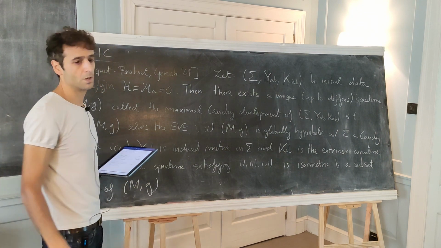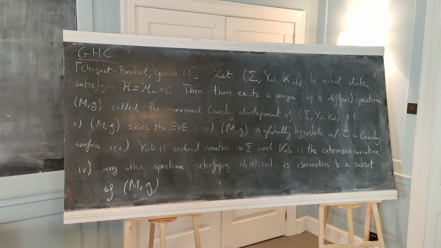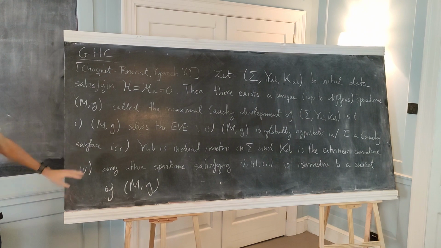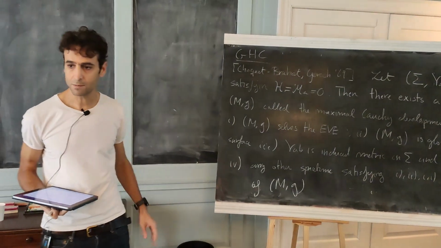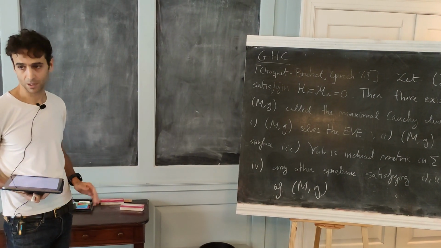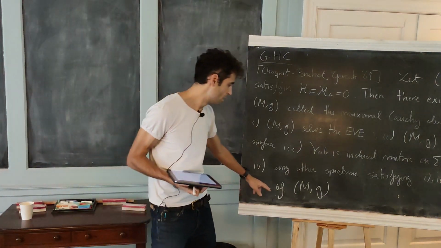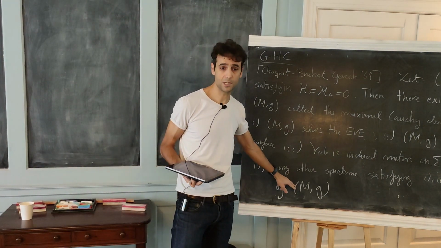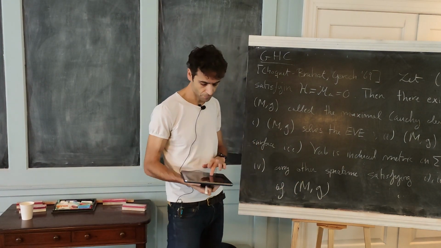Okay, so this is what it means for the initial value problem to be well-posed in general relativity. Given initial data, there exists a maximal Cauchy development, and any other spacetime satisfying the same initial conditions must be isometric to a subset of this maximal Cauchy development.